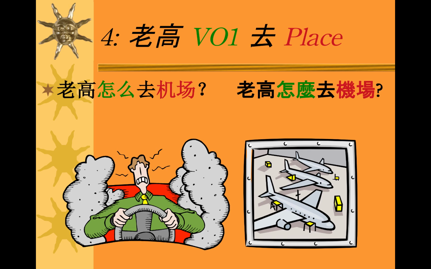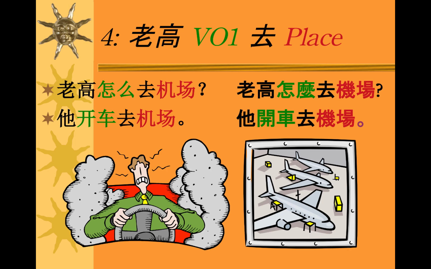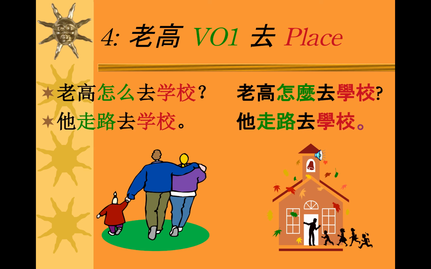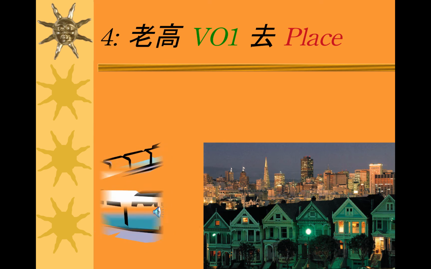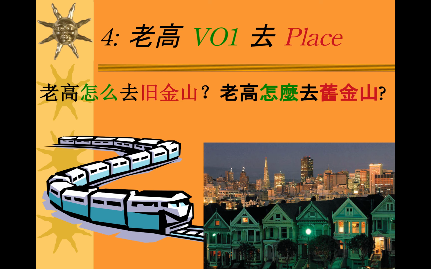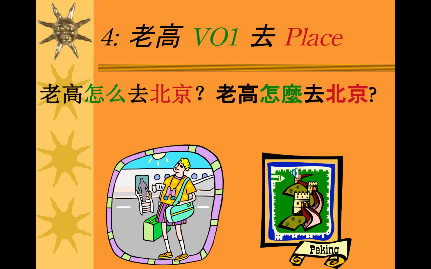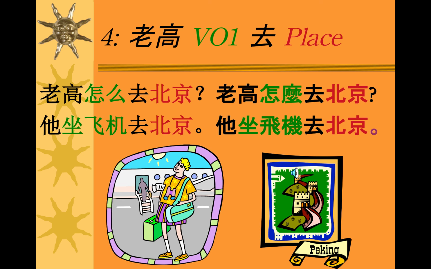Based on the picture, the answer would be 老高开车去机场. 老高怎么去学校? 他走路去学校. 老高怎么去旧金山? 旧金山 is the Chinese name for San Francisco. 他坐火车去旧金山. 老高怎么去北京? 他坐飞机去北京.